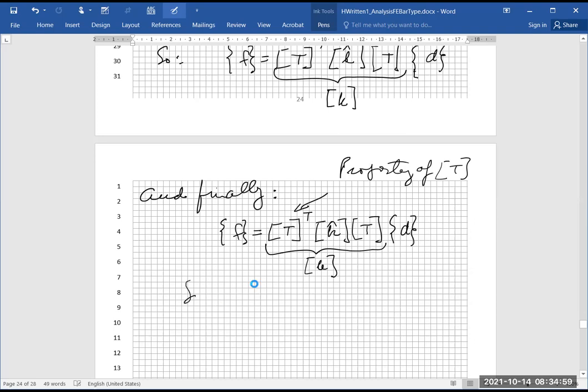So this is the equilibrium for each element, people.